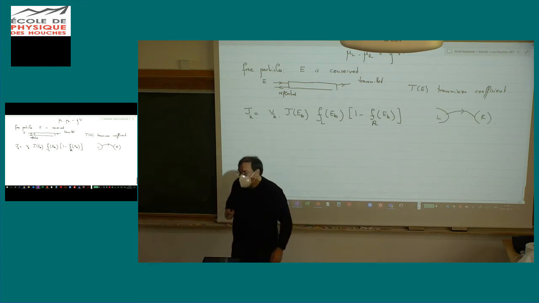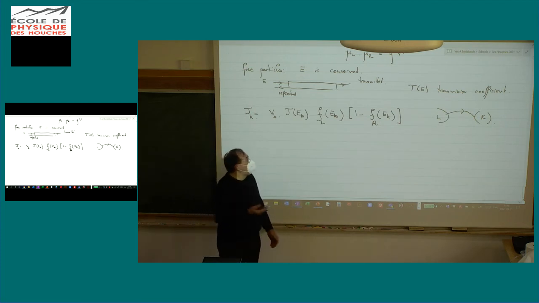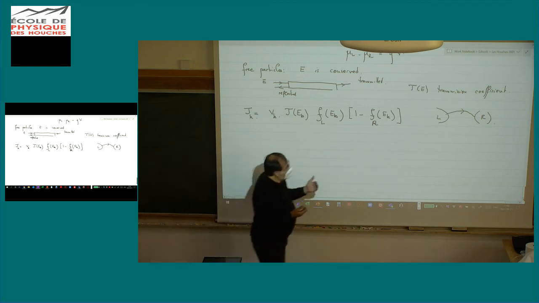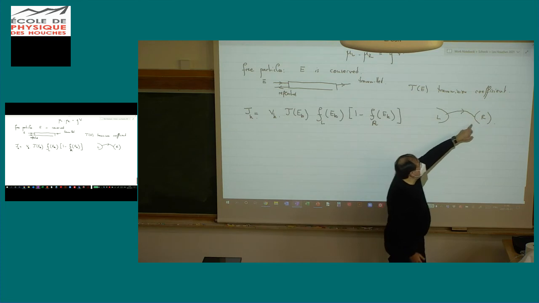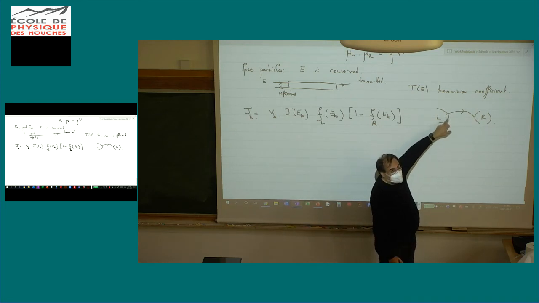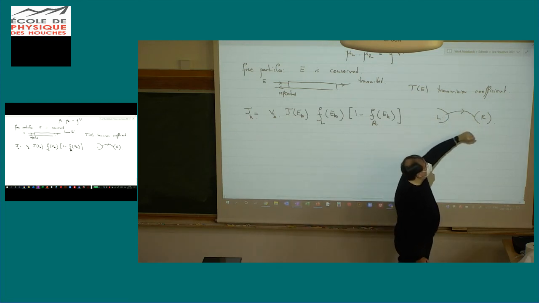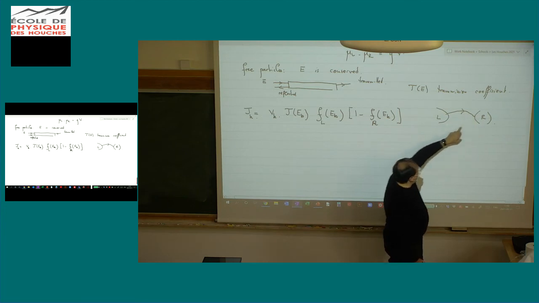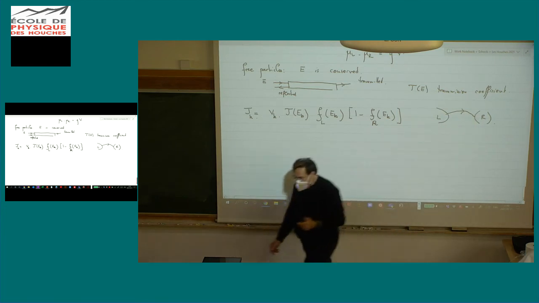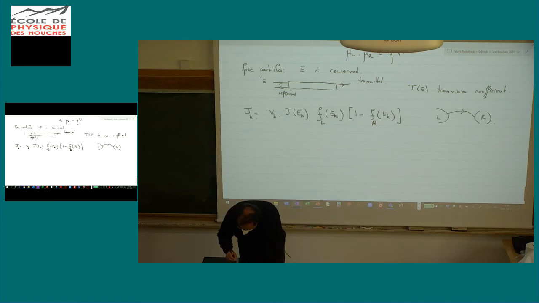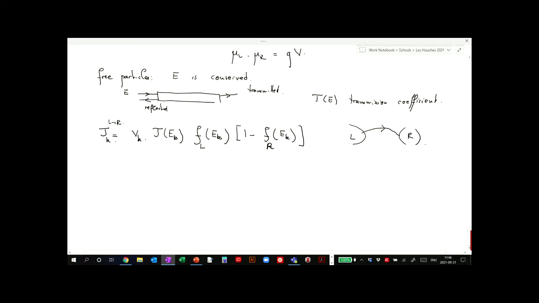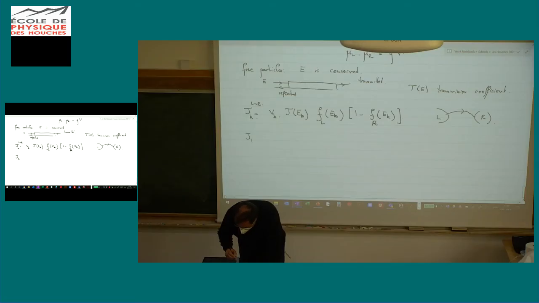Okay? Now, I have to take the opposite current into account, because, of course, if there is a current which can go from the left reservoir to the right reservoir, there can be a current which goes in the opposite direction. So this is the left to right. And now I can do the same thing with the right to left. So this will be the same velocity. This will be the same transmittance.